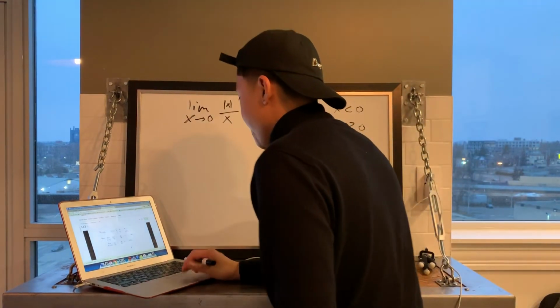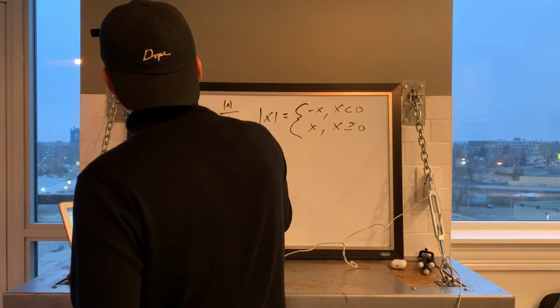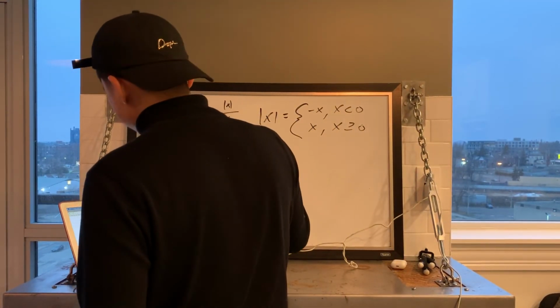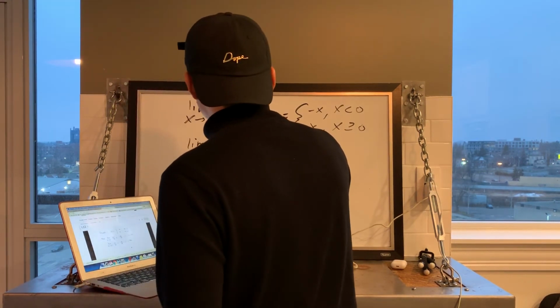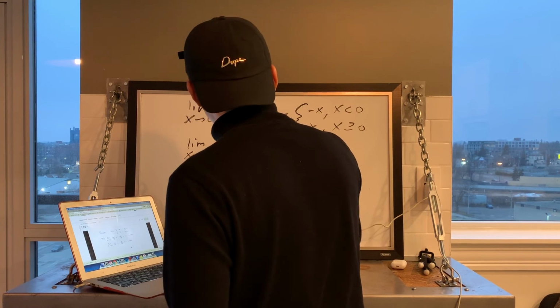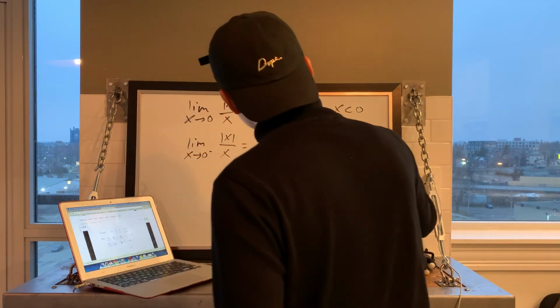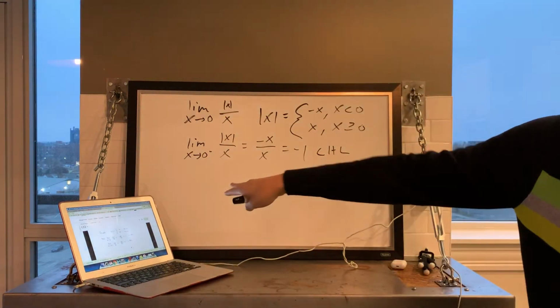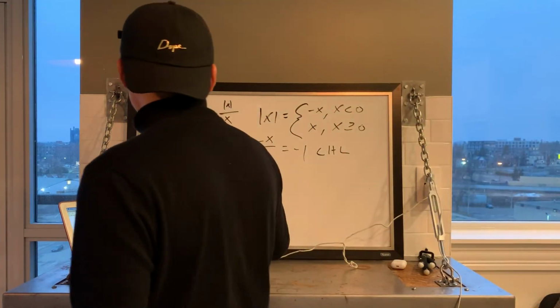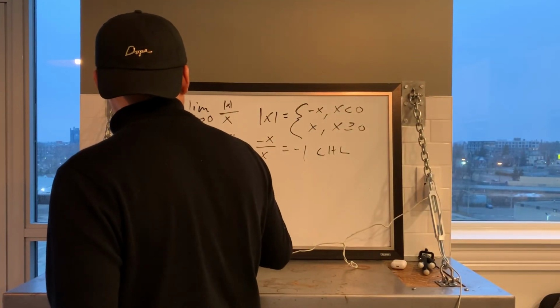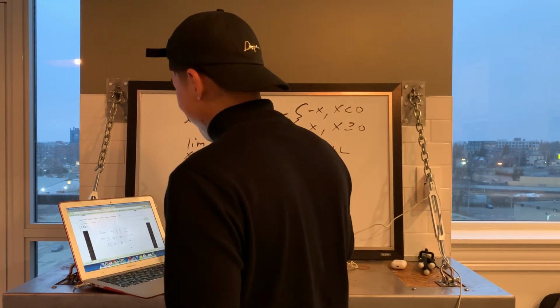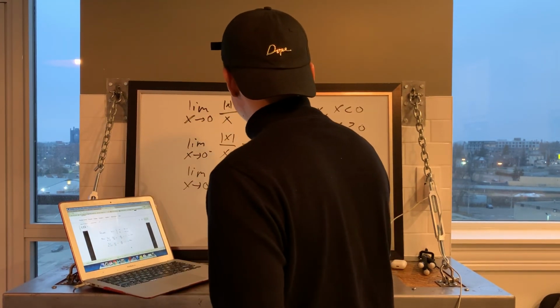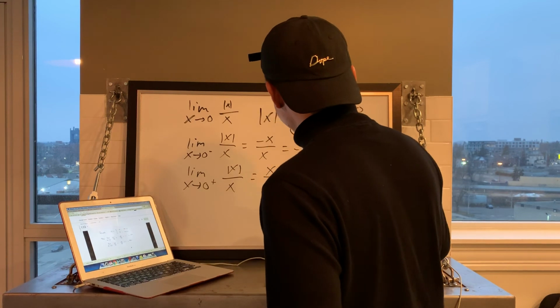So meaning that the limit as x approaches 0 from the left side is the absolute value of x over x, which equals negative x over x, which equals -1. That's the left-hand limit. And we do the right-hand limit. So limit as x approaches 0 from the right of the absolute value of x over x, which equals x over x, which equals 1, which is the right-hand limit.